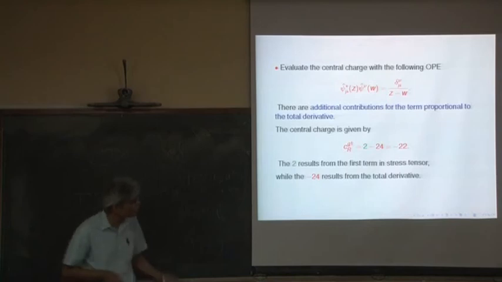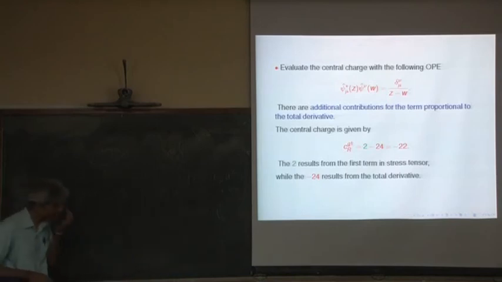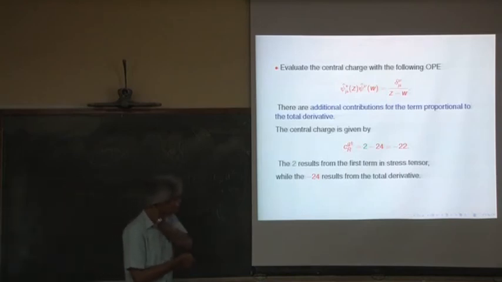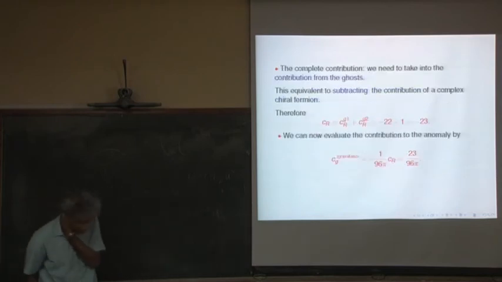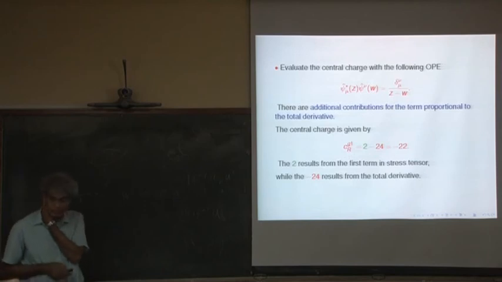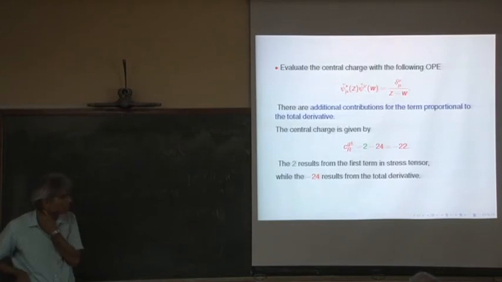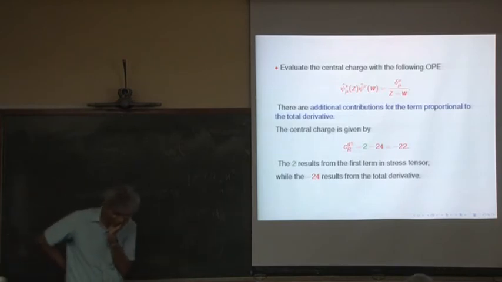So 2 relates to the first term and minus 24 relates to the derivative. If I just take half of this, for one of them that's 1 and minus 12. And is minus 12 what you get for the bc system at some nice value of lambda? I didn't check, but that's right.